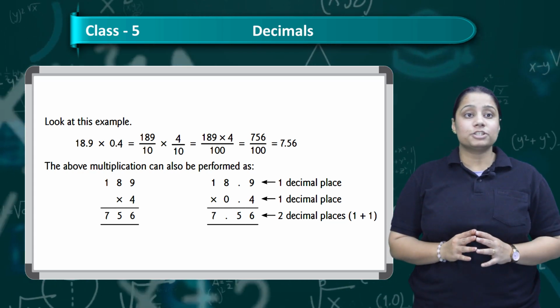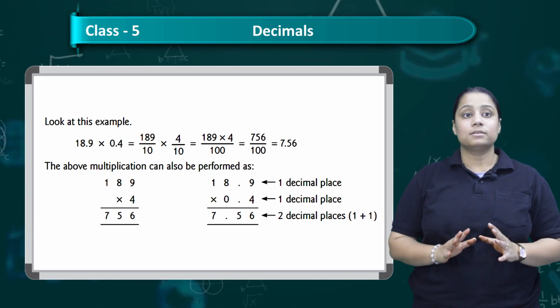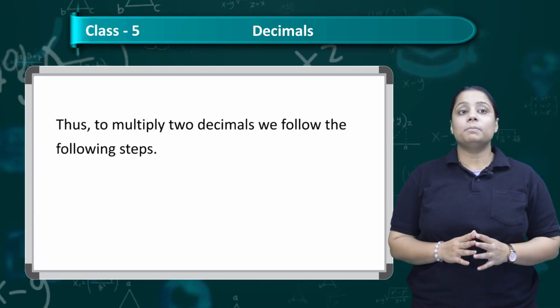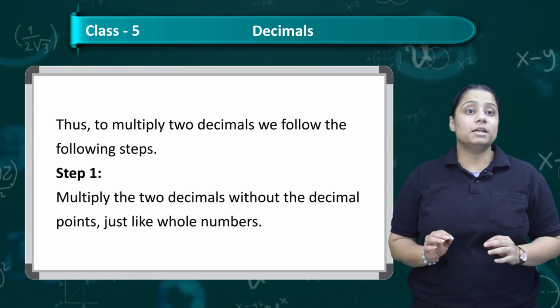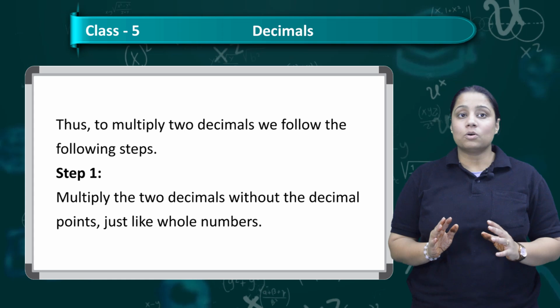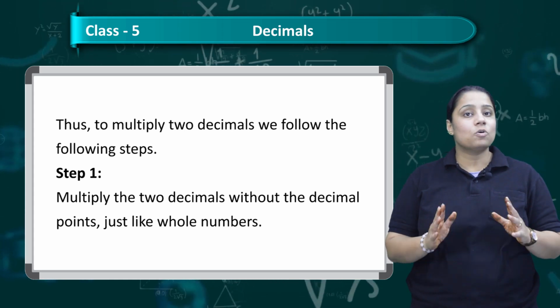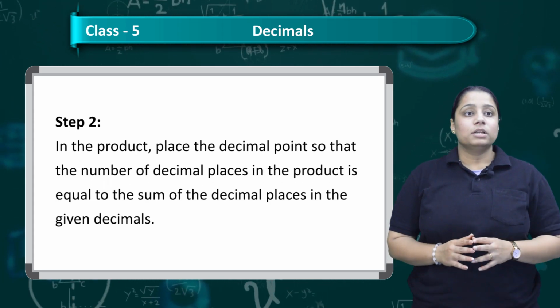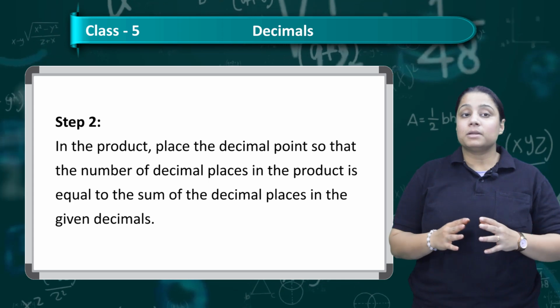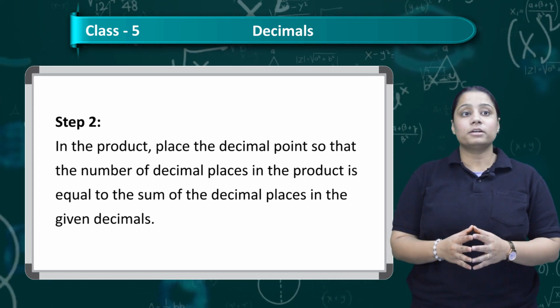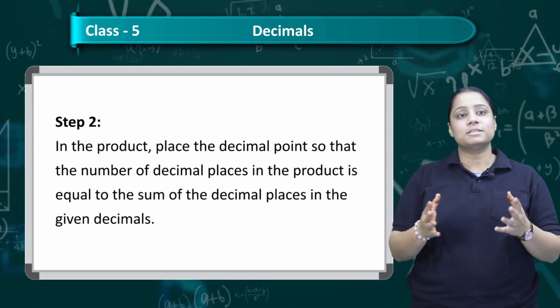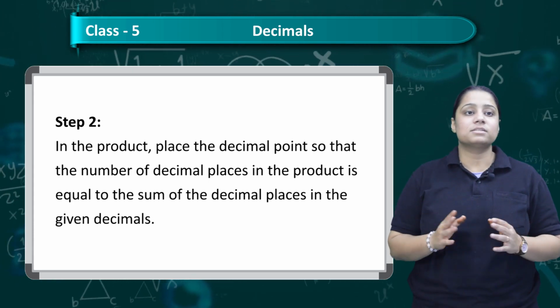The above multiplication can also be performed like this. Thus, to multiply 2 decimals, we follow the following steps. Step 1. Multiply the 2 decimals without the decimal points, just like whole numbers. Step 2. In the product, place the decimal point so that the number of decimal places in the product is equal to the sum of the decimal places in the given decimals.